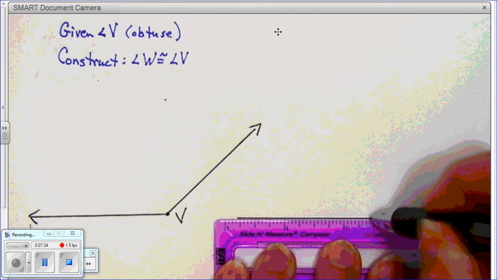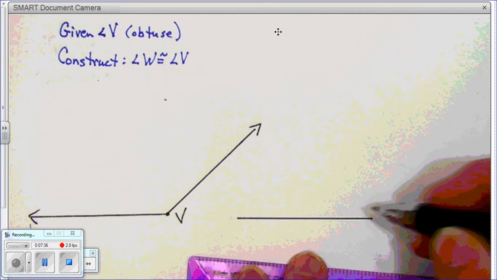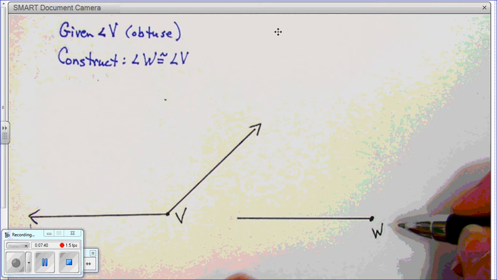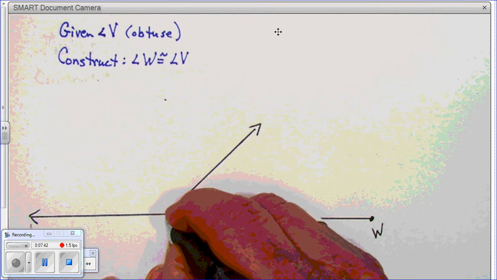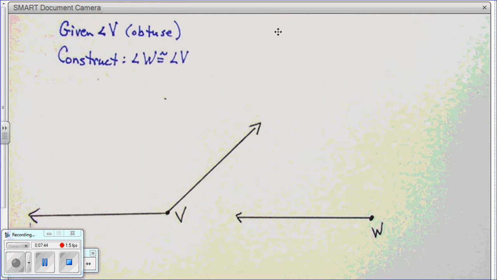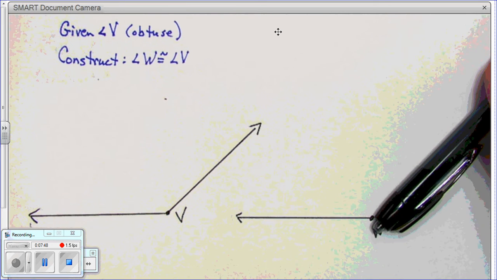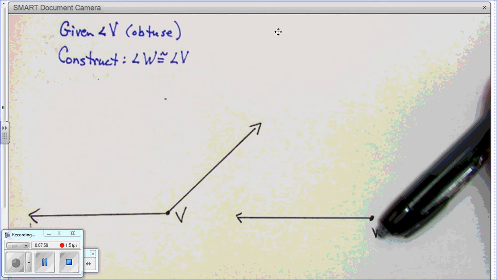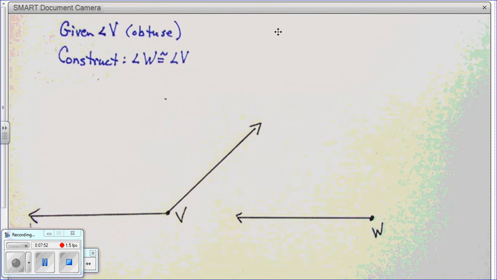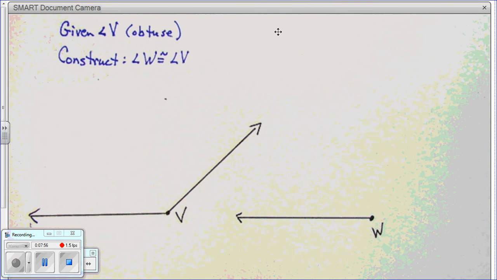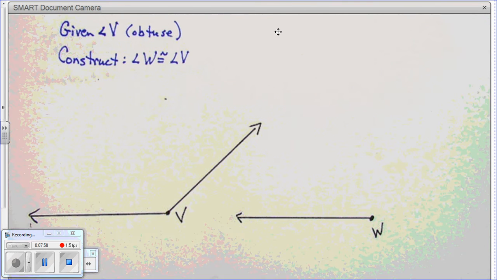And I could go toward the other way, but I'm going to put the W right on this side and make the angle go in the same direction, if that's okay with you. And we're looking for a side that's going to be out here somewhere. Can you visualize that?